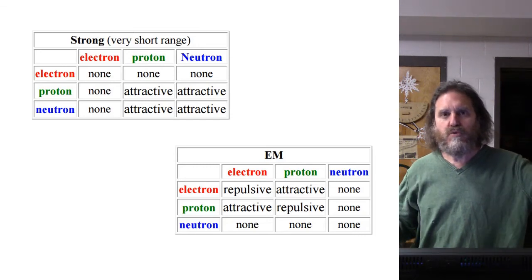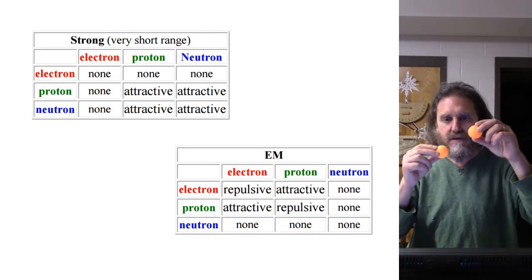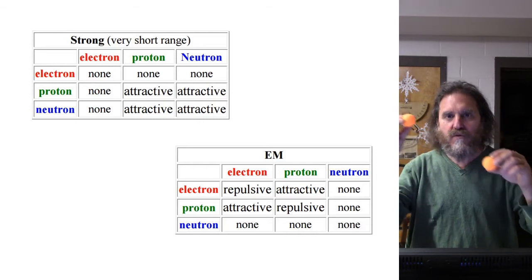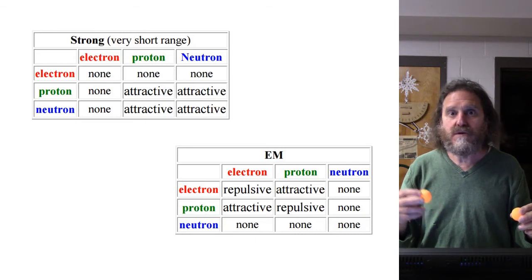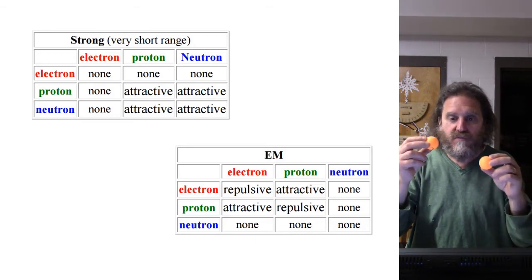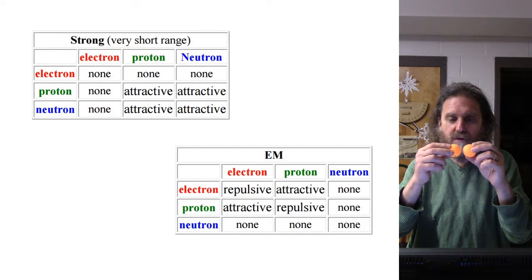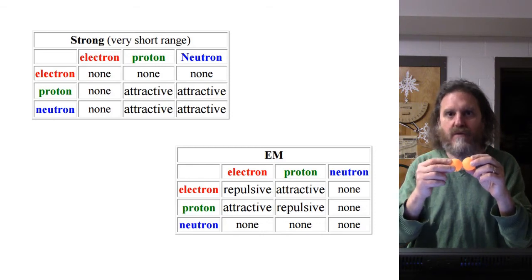Now, two that are going particularly fast can get closer together before they zoom back apart from each other, right? And at any given moment in the core of the Sun, there are pairs of protons that are moving really, really fast so that they get close enough to feel that attractive strong nuclear force and bond together.